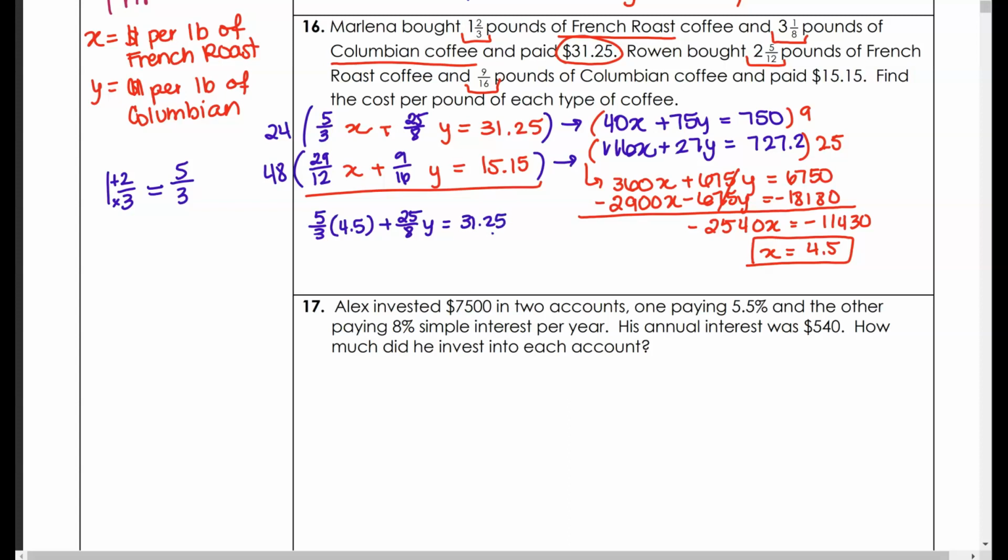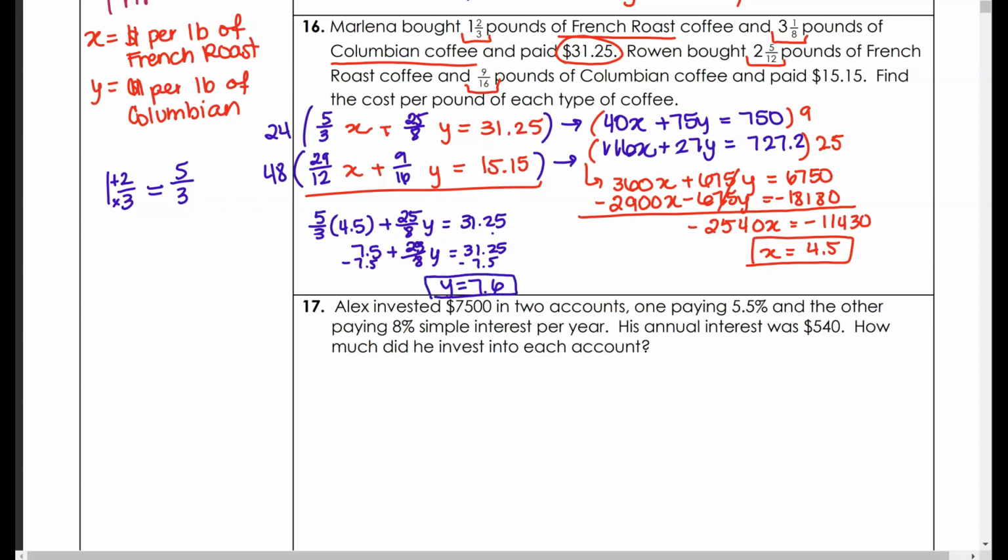Well, 5/3 times 4.5 is 7.5, plus 25 over 8 y equals 31.25. So we're going to go ahead and subtract 7.5 from both sides. Once we subtract, we're going to end up multiplying by the reciprocal of 25 over 8. So then we end up with y equals 7.6.